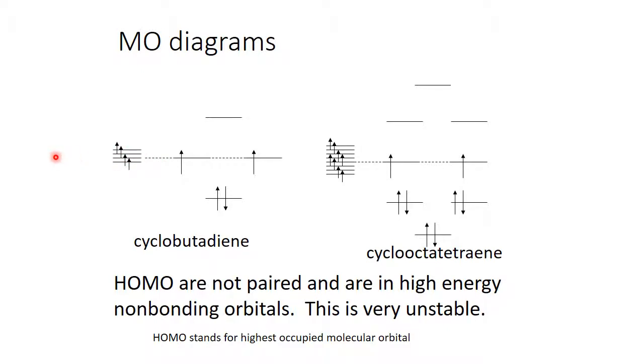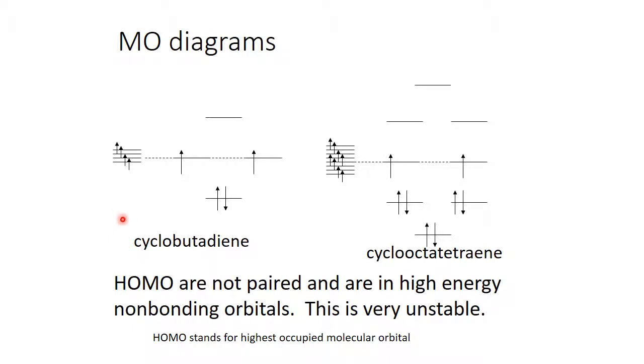So cyclobutadiene has 4 electrons falling down into 4 molecular orbitals, but 2 of them go way down in energy, and 2 of them are going to be essentially like unbonded electrons at a very high energy. And notice they're not even paired. So this is a pretty high energy state.